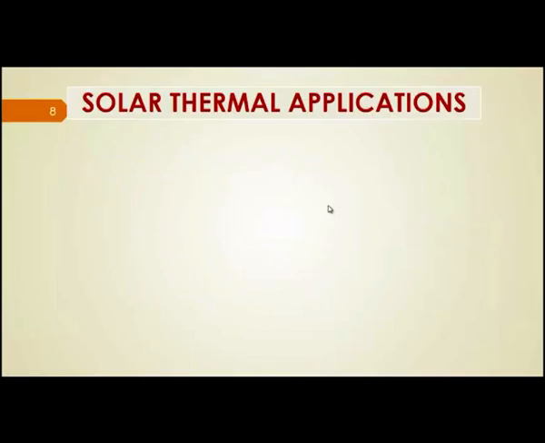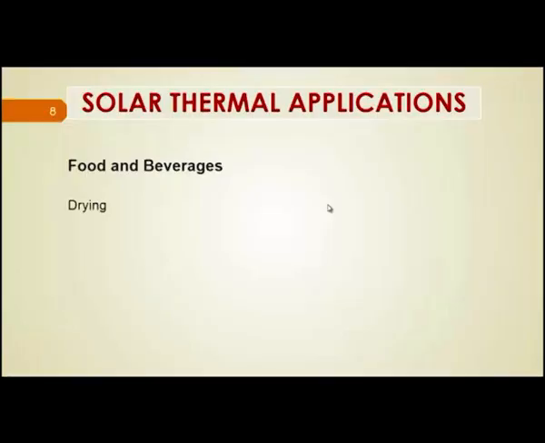Solar thermal applications can be used for producing food and beverages. The different processes used to produce food and beverages are drying to dehydrate, washing to clean, pasteurization, where we remove bacteria or germs from the food item, boiling, heat treatment, and cooling.